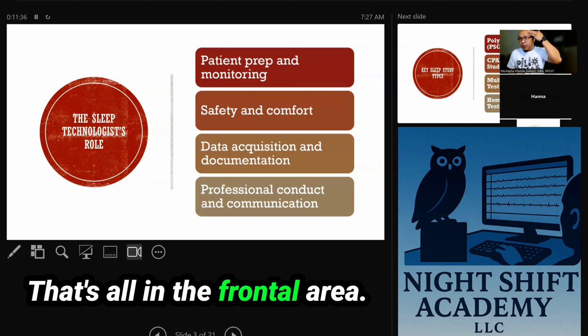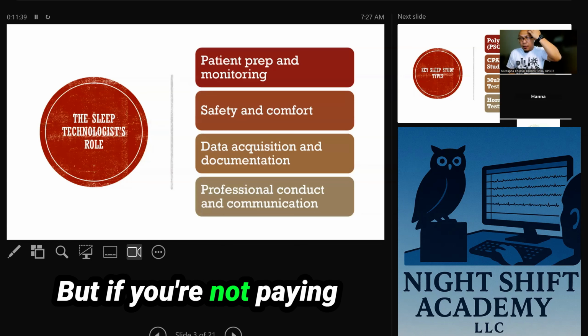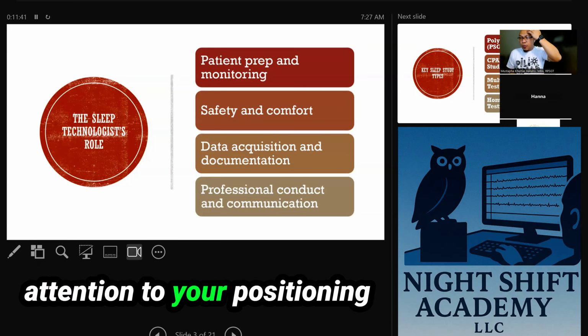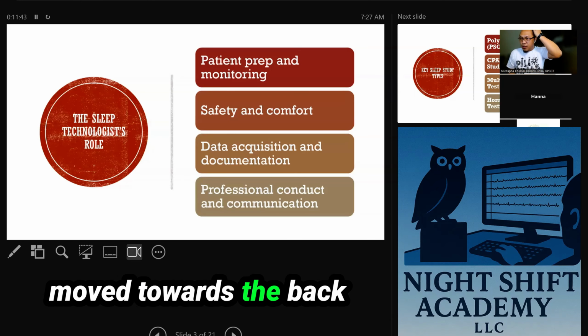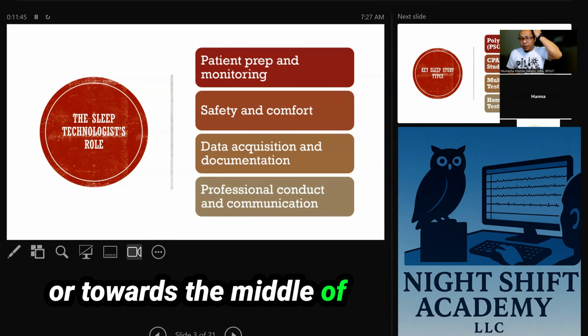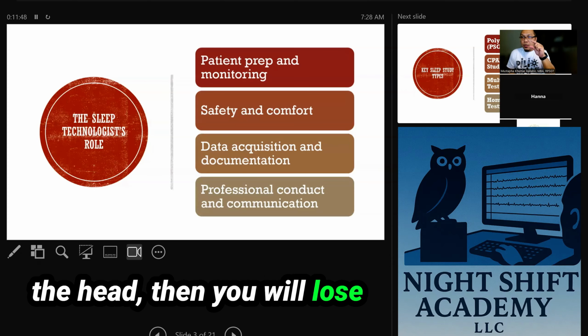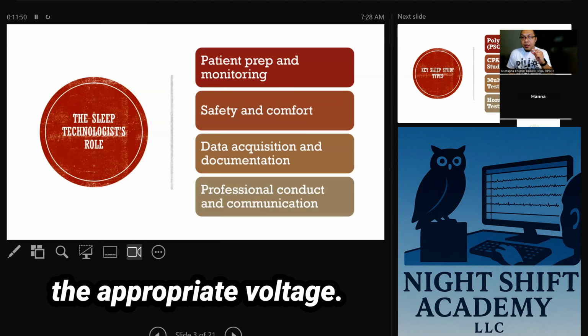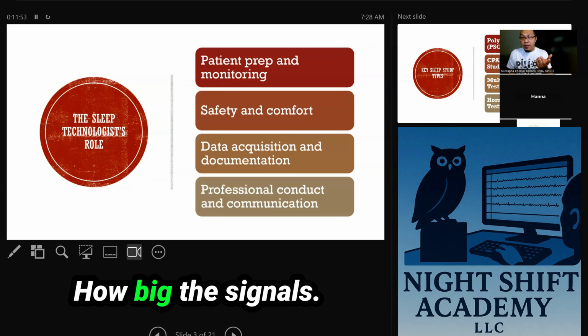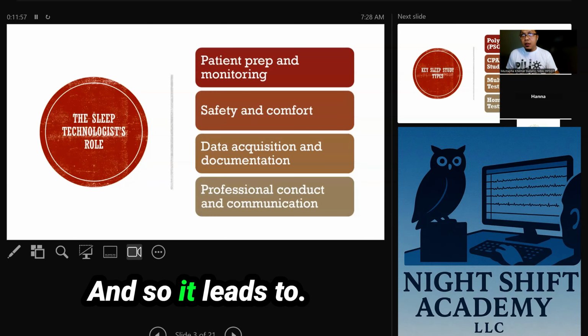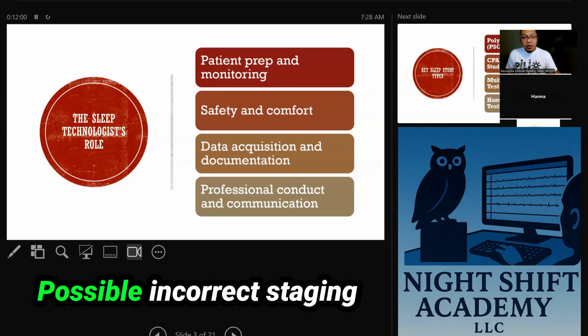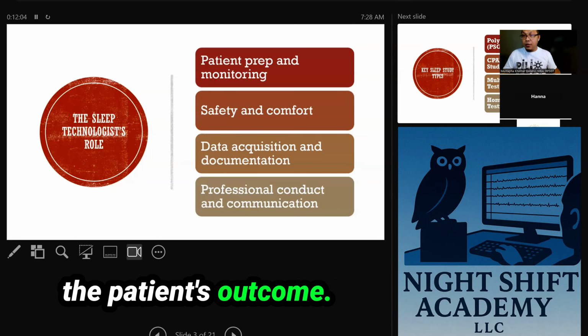That's all in the frontal area. But if you're not paying attention to your positioning of electrodes, you move towards the back or towards the middle of the head, then you will lose the appropriate voltage, okay, how big the signals are. And so it leads to possible incorrect staging and eventually can affect the patient's outcome.